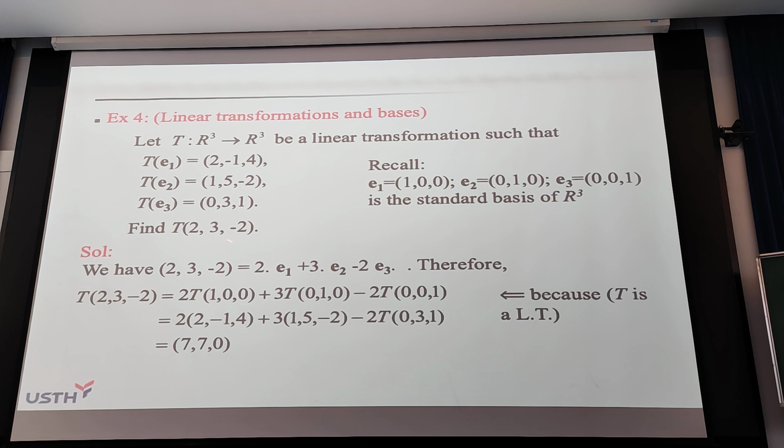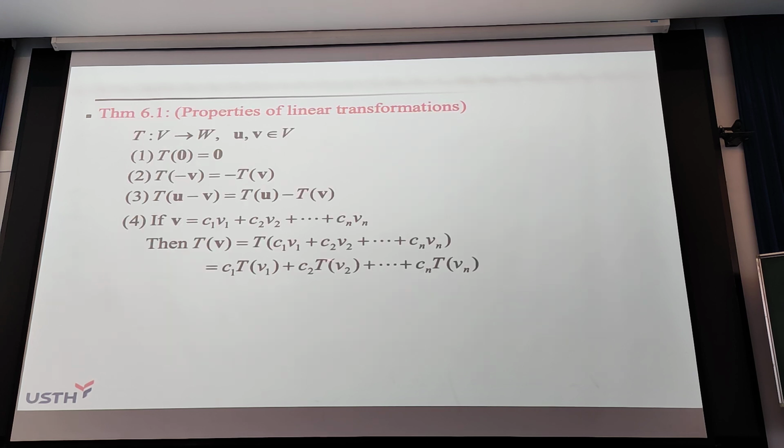Then it is very easy because that vector equals 2 times E1 plus 3 times E2 minus 2 times E3. That one is a linear combination of E1, E2, E3. And we already know T of E1, E2, E3. Then that is completed by the formula from before, using that one.